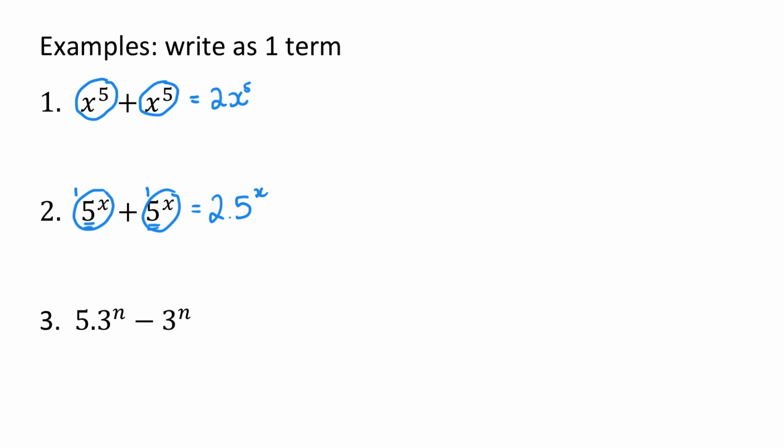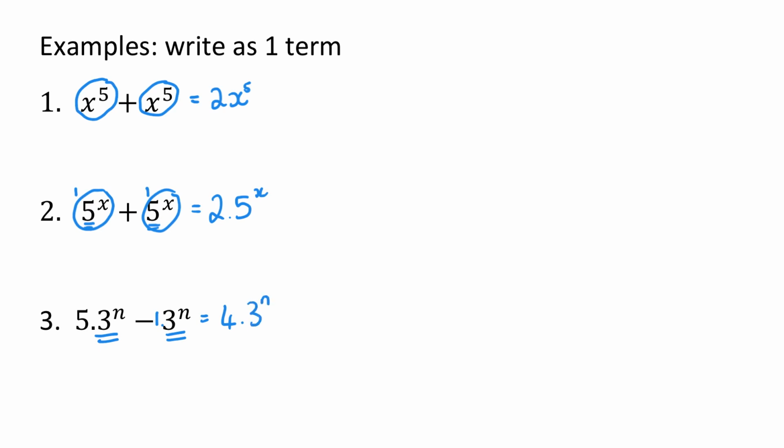Now in the next question, again I've got like terms. Both of the terms have 3 to the power of n. The first term is 5 times 3 to the power of n, and the second term I can think about as 1 times 3 to the power of n. So the way I can write that is 5 minus 1 is 4 times 3 to the power of n.